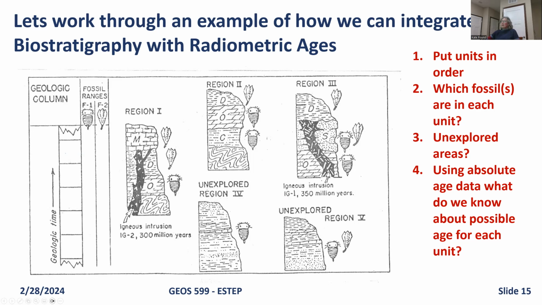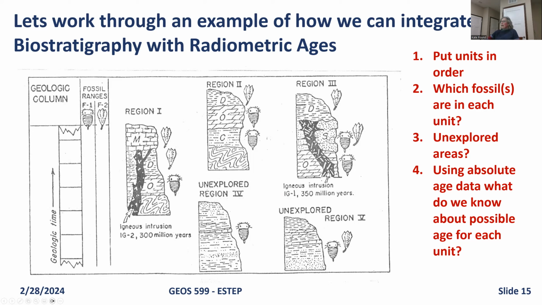Each unit is lettered, and there's a slightly different sequence in each of the regions. Ignore the unexplored regions for now. So the first task I want you to think about, and you can pause the video, is put these sequences in order.